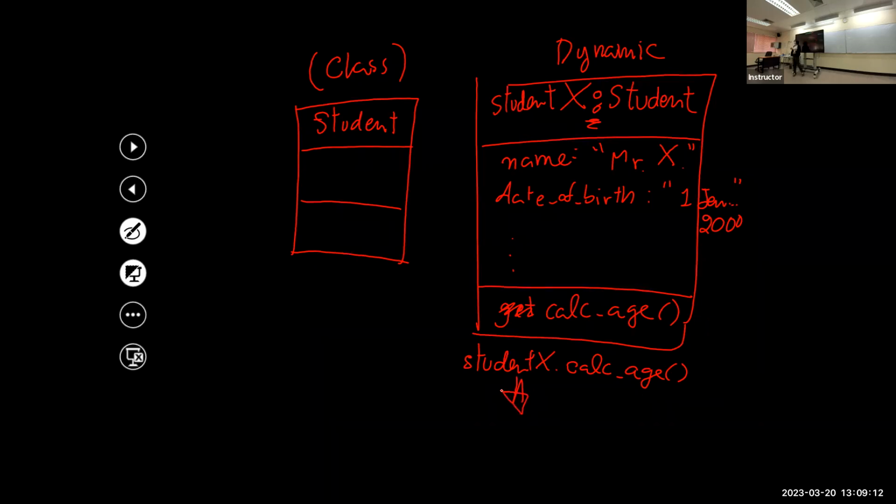I would expect this method to be programmed, right? In the way that it returned to me 23 years old value, right? Something like this. So I can perform and get dynamic data from student from object diagram.